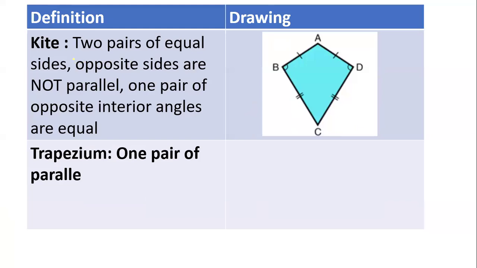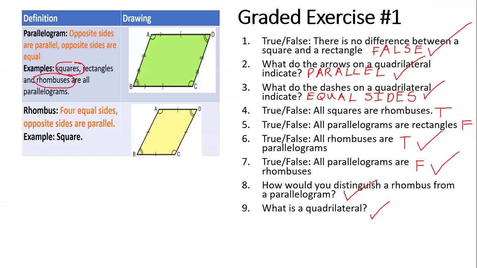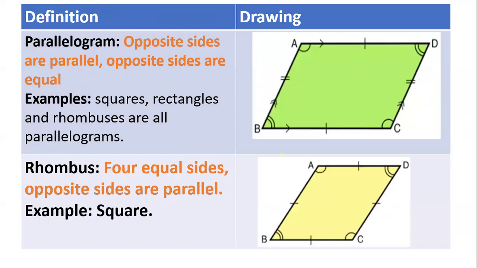Because it's not parallel. Opposite sides are not parallel. So how come we didn't have arrows for the rhombus? That's true, we're supposed to have arrows for the rhombus.